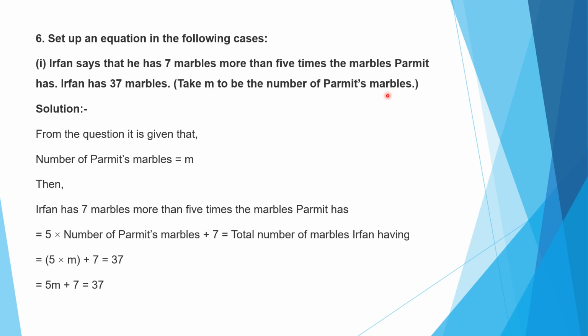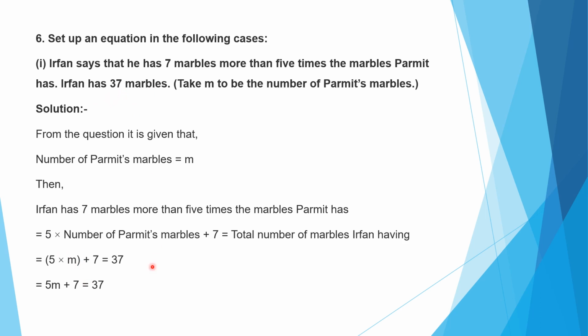Now here we don't know how many marbles Parmit is having. That's why the number of Parmit's marbles is equal to M. Then Irfan has 7 marbles more than 5 times the marbles of Parmit. That means 5 into the number of Parmit's marbles, that is M. Okay, 5m plus 7 is equal to 37.